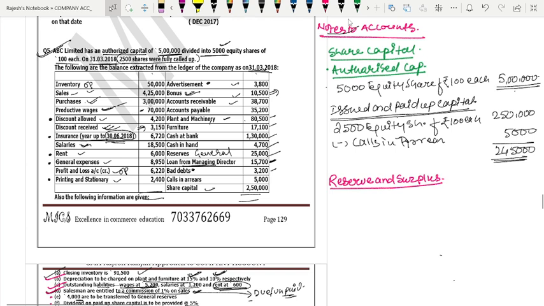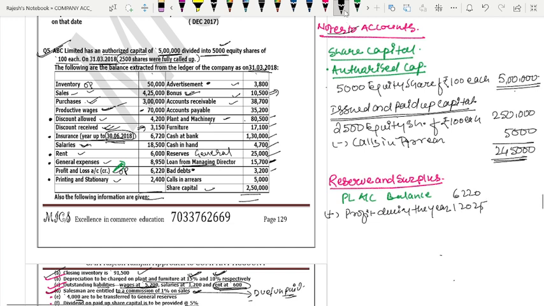First you write down the opening balance of profit and loss account, P&L account balance, 6,220. Add profit during the year, 12,025.